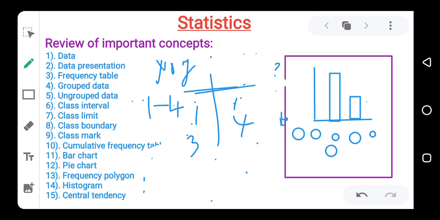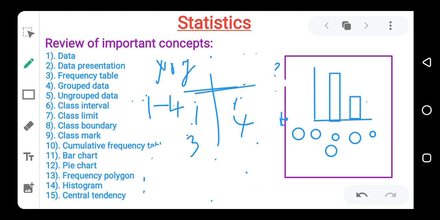So you put all the people that have weights between 1 to 4 kg together. That is what we call grouped data. You may have 5 to 8, and then 9 to 13, etc.